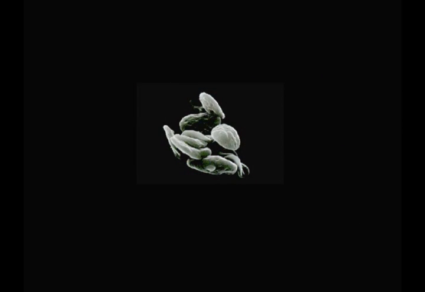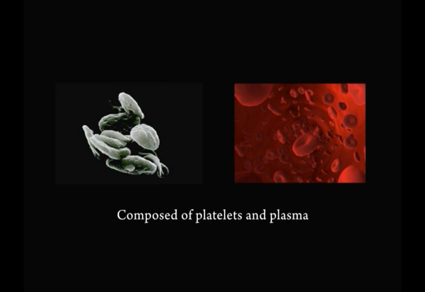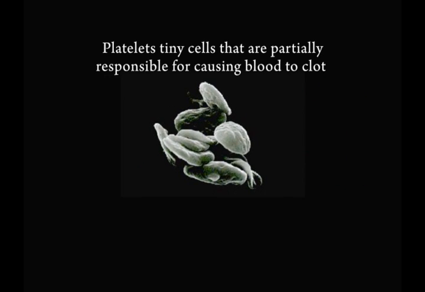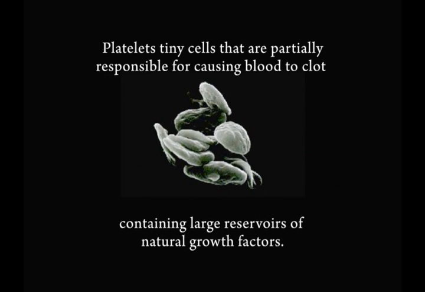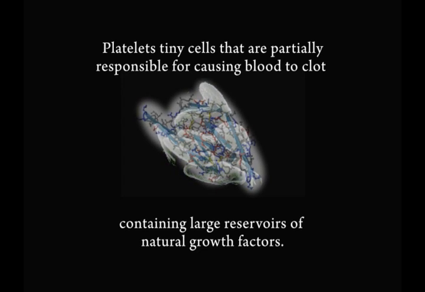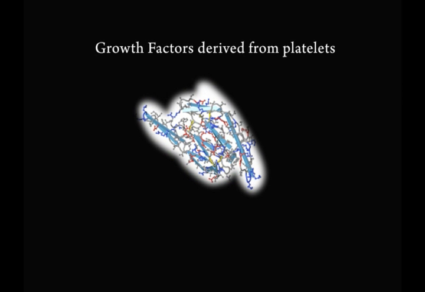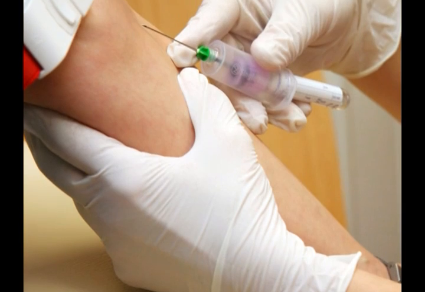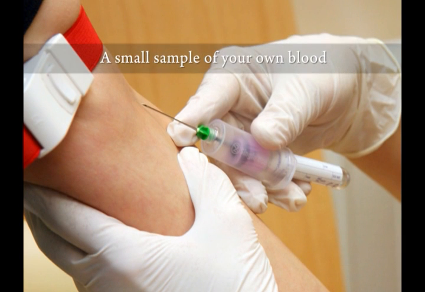Autogenous platelet concentrate is composed of platelets and plasma. Platelets are tiny cells that are partially responsible for causing blood to clot. Platelets also contain large reservoirs of natural growth factors. Growth factors derived from platelets initiate connective tissue healing, promote the development of new blood vessels, and stimulate the healing process. APC is made from a small sample of your own blood.